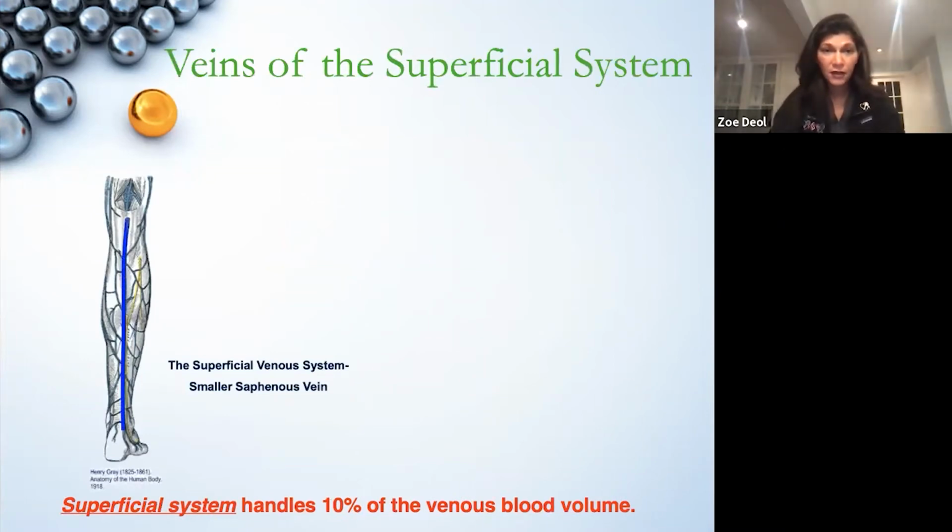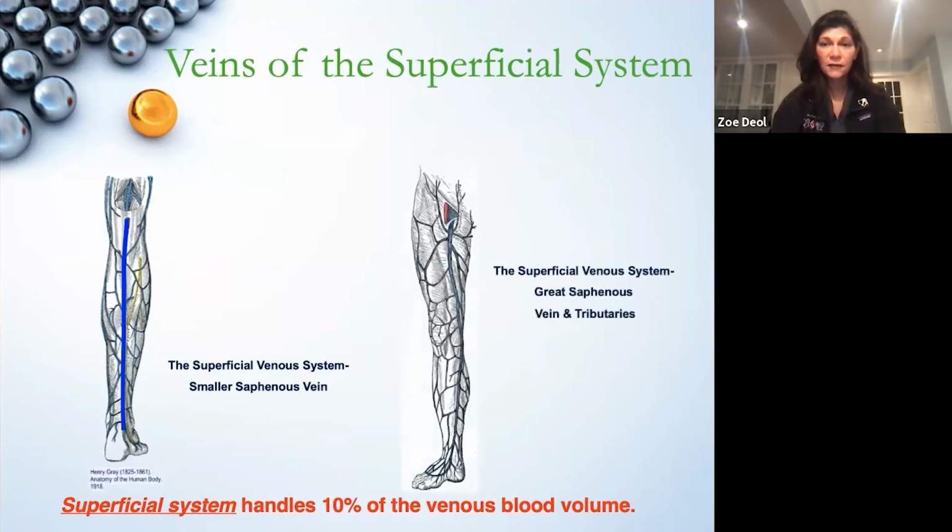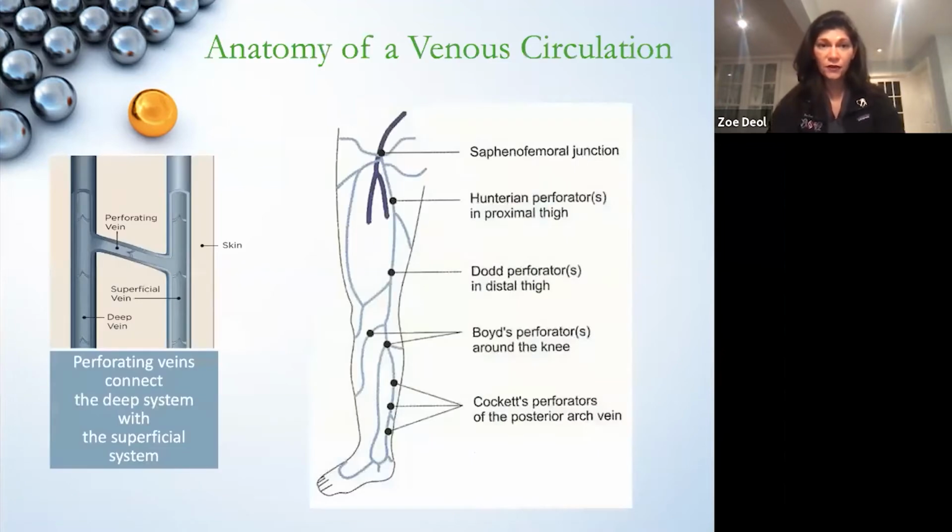The superficial system is very complex, but we break it down into the small saphenous vein, the great saphenous vein, and tributaries. That is an oversimplification. We also have perforating veins connecting the deep and the superficial vein systems, and then the old nomenclature with the Cockett's, Boyd's, Dodd's, and Hunterian perforators.